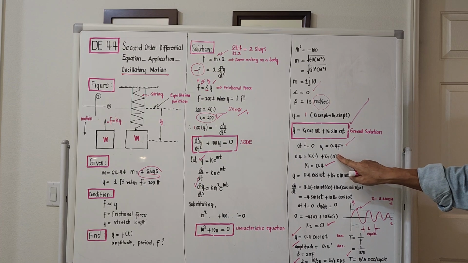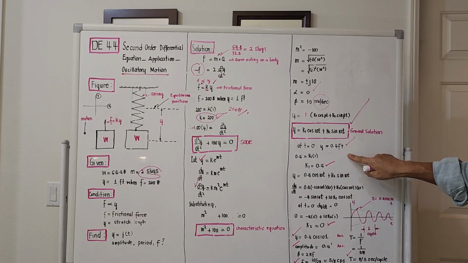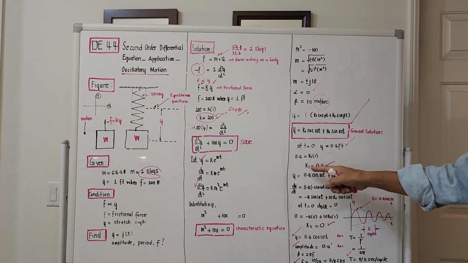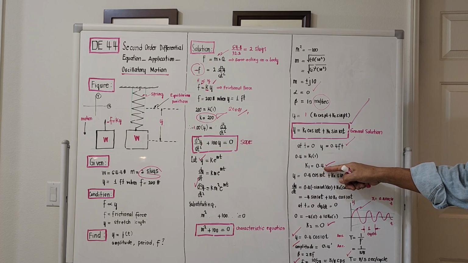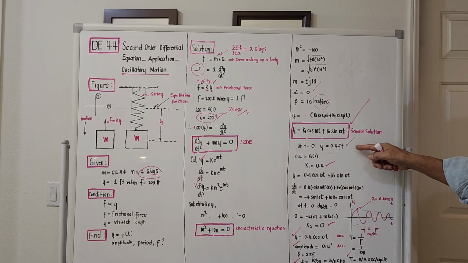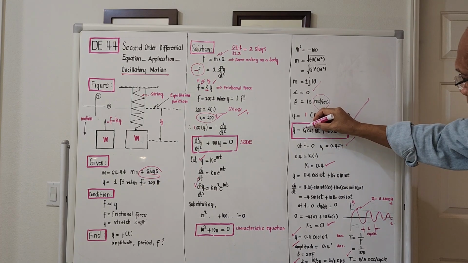Or actually, the second part is gone, right? Because the multiplier is 0. And we can compute for k1 now. k1 is just 0.4 over 1, or k1 is 0.4. So by bringing out this initial condition, we now know the value of k1.